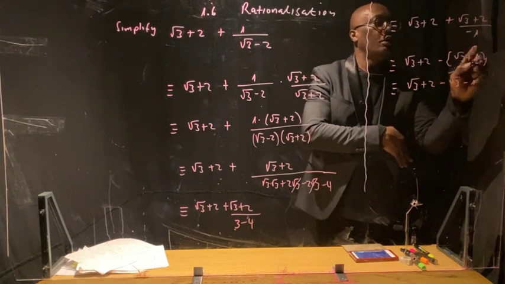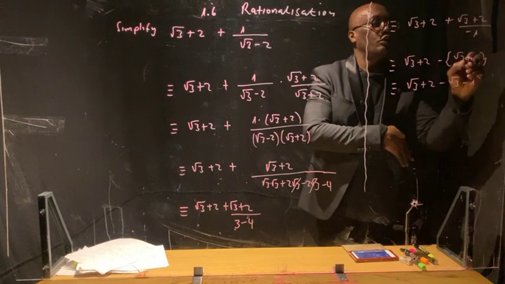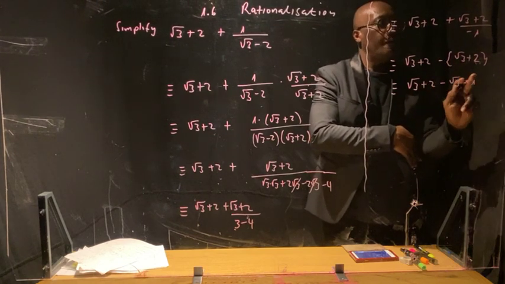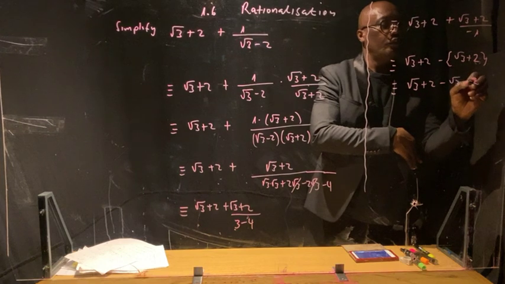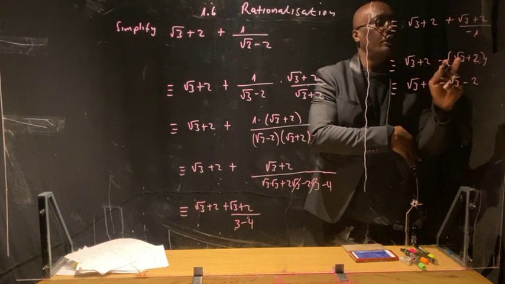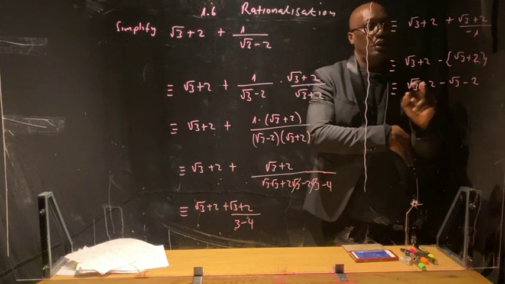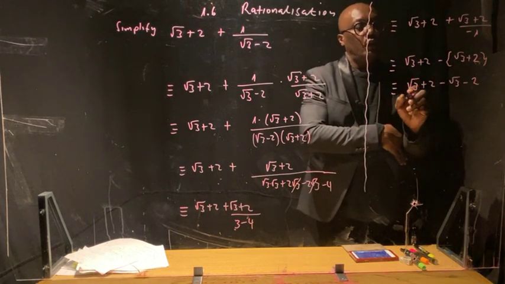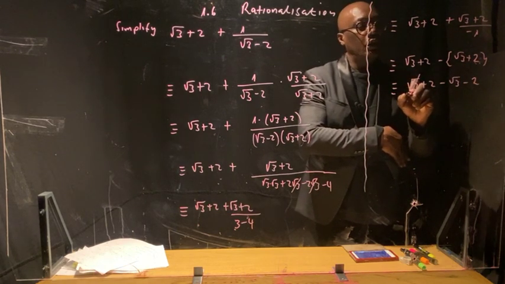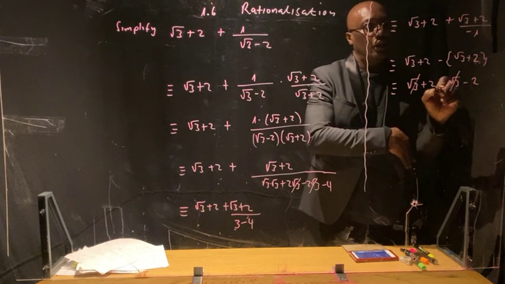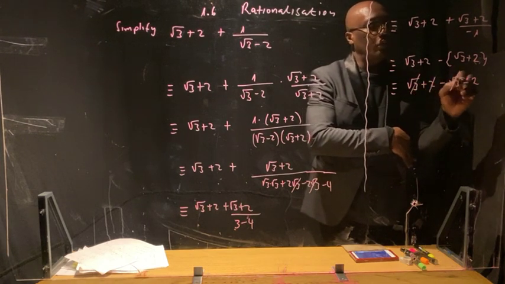Sorry, this is 2. This is 2. So it becomes minus root 3, which is this, minus 2, which is this. So comparatively, you can see that root 3 cancels minus root 3, 2 cancels with minus 2.